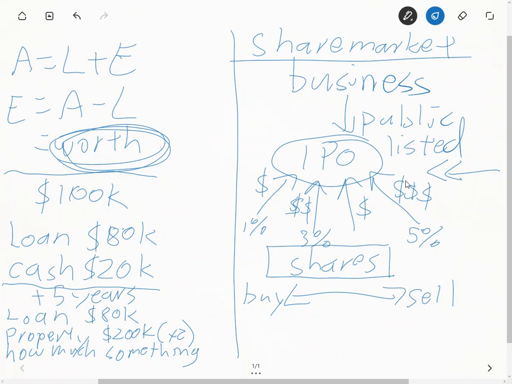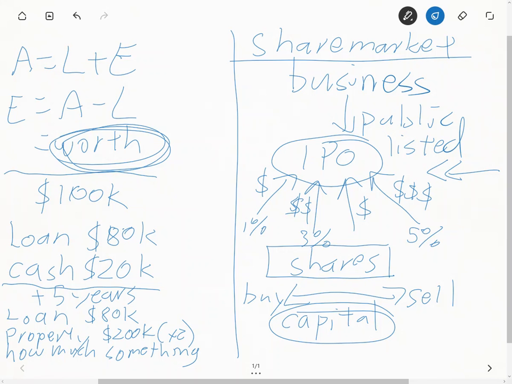But it's still advantageous to be listed on the share market because you still have access to capital. And the way that you have access to capital is that you can issue new shares. So you can do an equity raising. And so the number of shares can actually be increased on the share market.